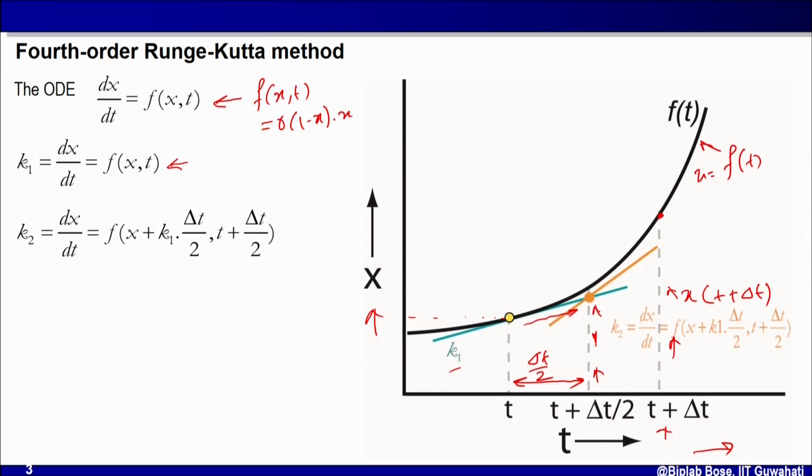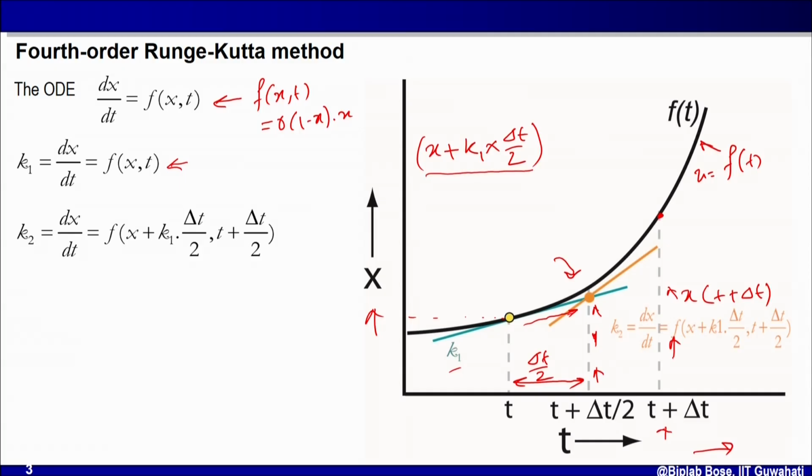What is the value of x here? The value of x at this position is x plus k1 into the interval delta t by 2.